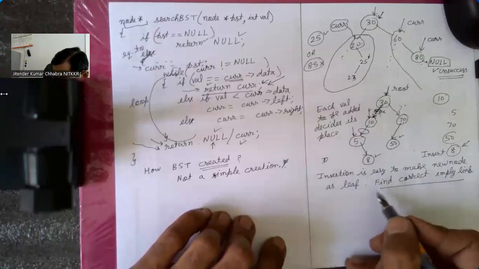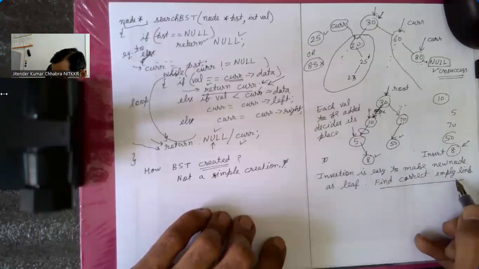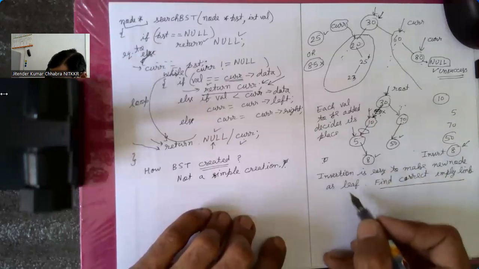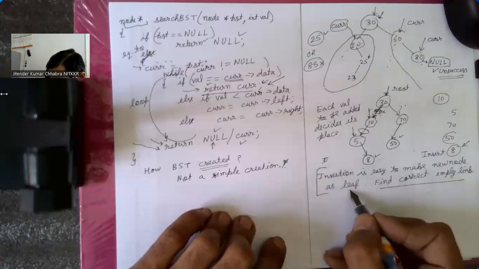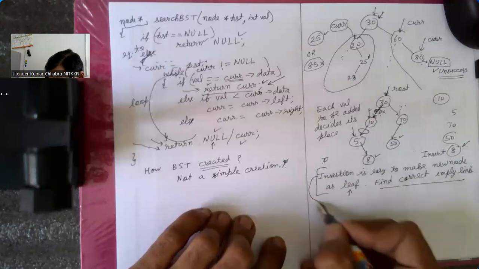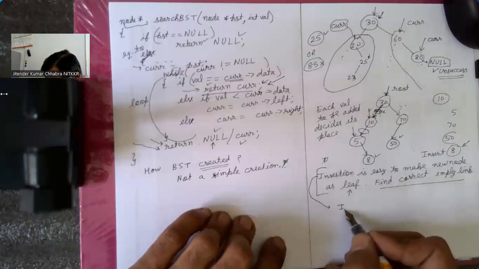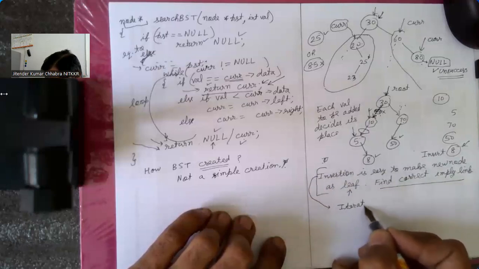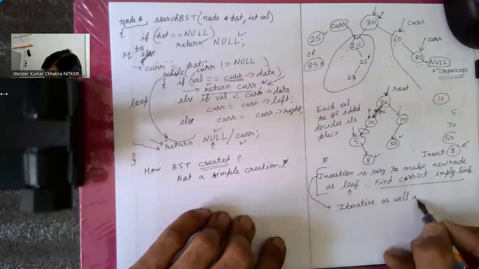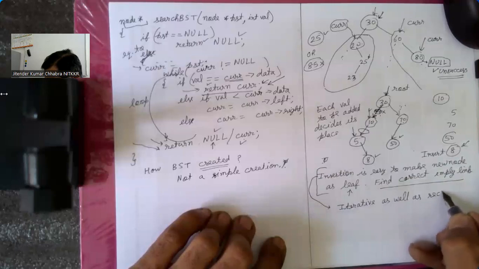So I can find out the correct empty link position and insert my 8 at this place. This way the logic can continue and it becomes easiest to implement. Again, you can see insertion can be iterative as well as recursive. Both are equally easy, because similar logic can be made for this.